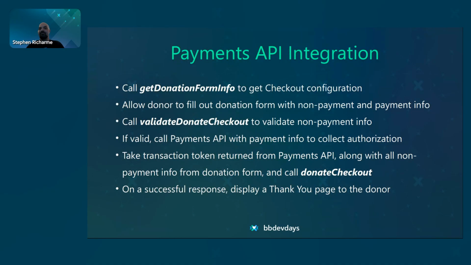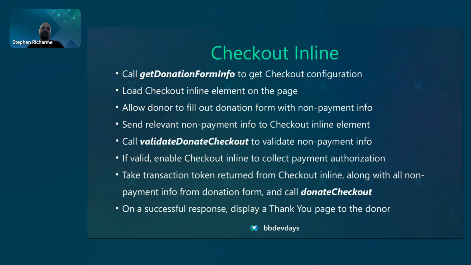So again, the big difference between the payments API integration and the checkout inline integration is that checkout inline will handle all of the different payment types for you. So if you want to allow direct debit or ACH donations, if you want to allow PayPal, Google Pay, other forms of digital wallets, checkout inline will show those options automatically for you.